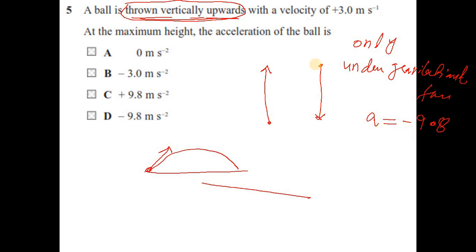No matter if it is moving up or down, or at the bottom or at the top, acceleration always remains minus 9.8. And the reason is, for the whole motion, the weight of the particle always acts downward, due to which acceleration always acts downward towards the negative y-axis. That's why it is negative. So your option is D.